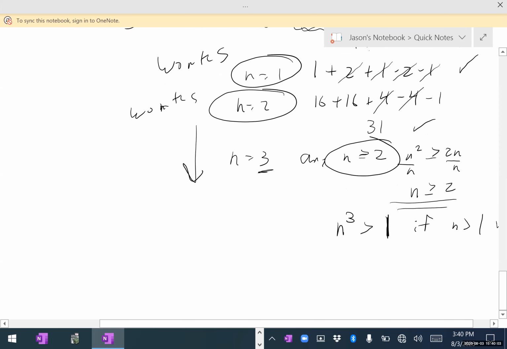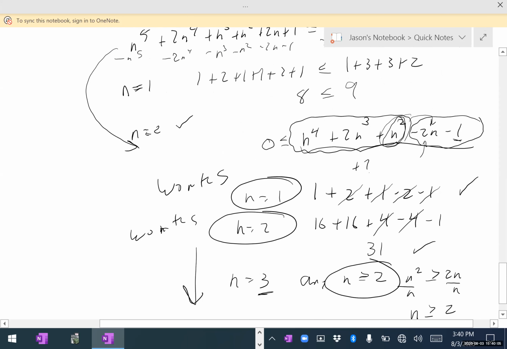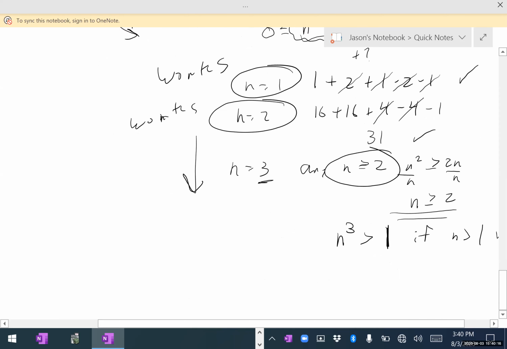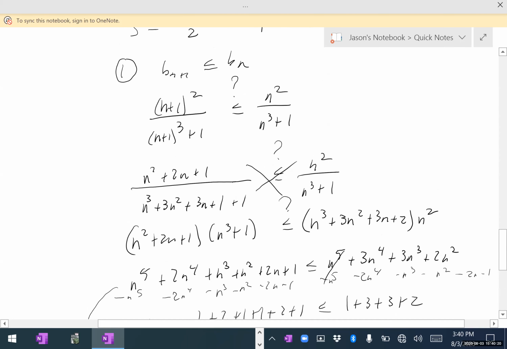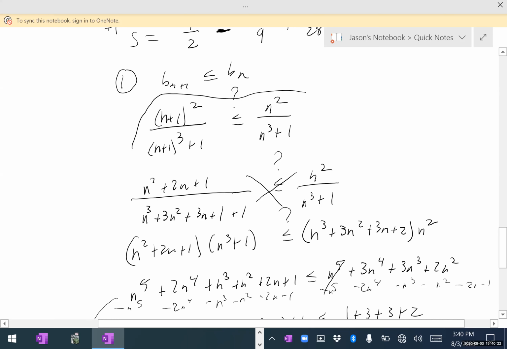Yes. So wouldn't this term here, 2n cubed, always beat out a 1? Absolutely. So this thing will always be positive, which means the inequality all the way back here holds true.